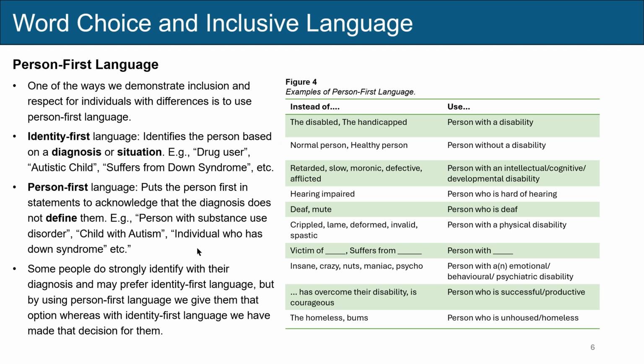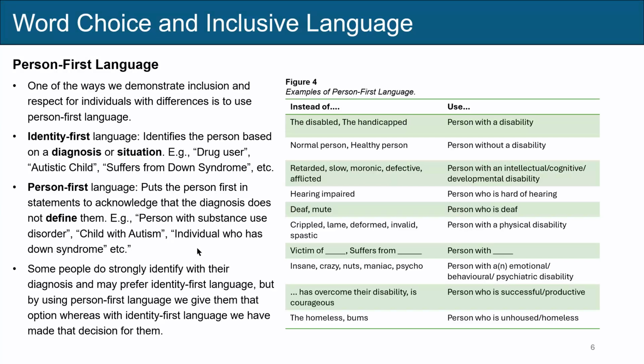Similarly, if we identify all people in a cultural group as the same, it makes it so individuals within that cultural group don't have any autonomy for their own uniqueness. So best practice in writing is to use person-first language to identify that this diagnosis or this particular characteristic of their identity does not define them completely.